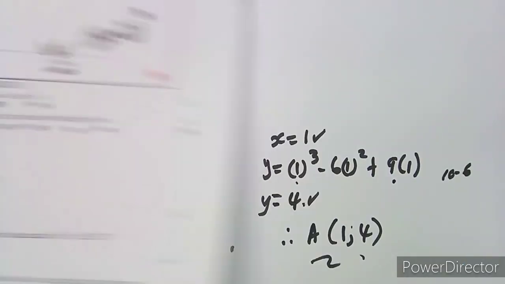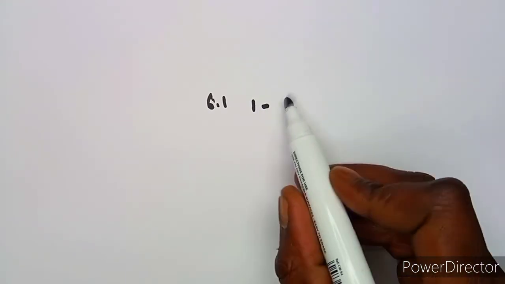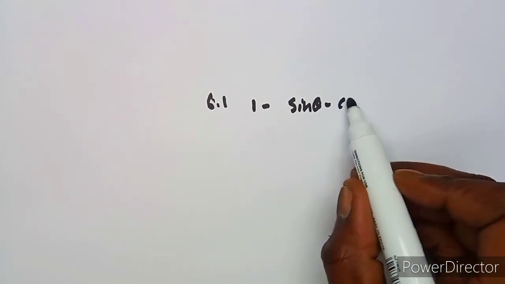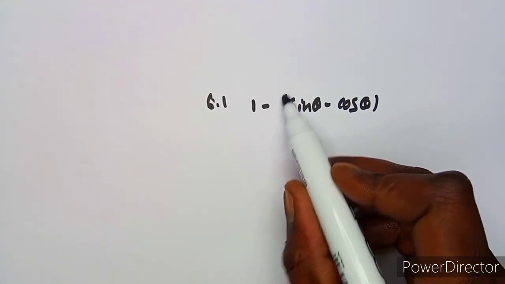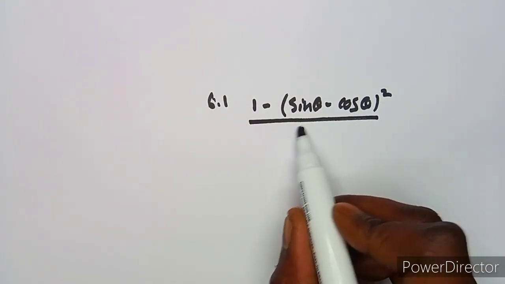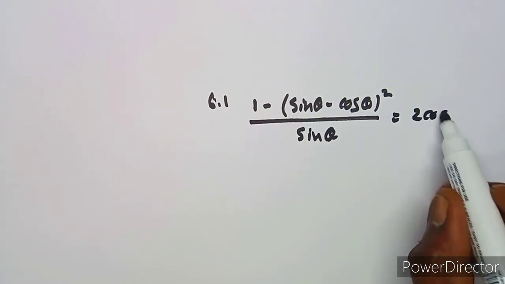All right, so how are we going to go about this one, guys? This is 6.1, we are given (1 minus (sine theta minus cos theta) squared) everything over sine theta. All right, this is what we have, which is going to give us 2 cos theta, like that.